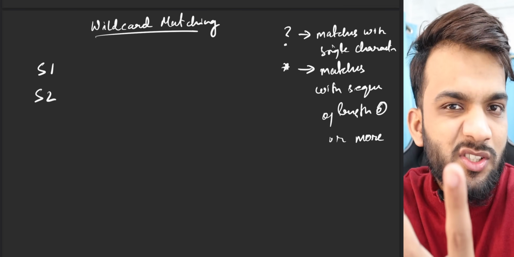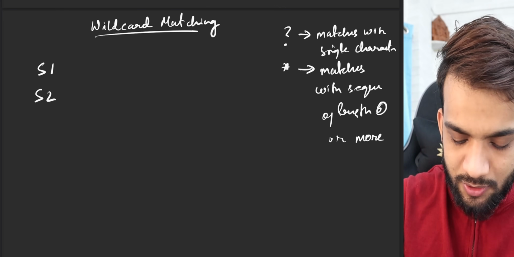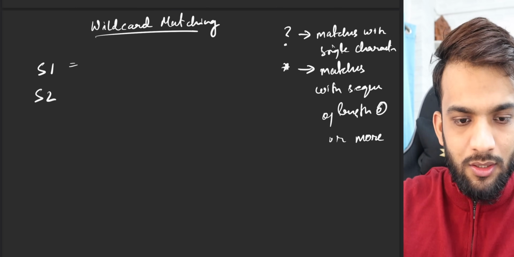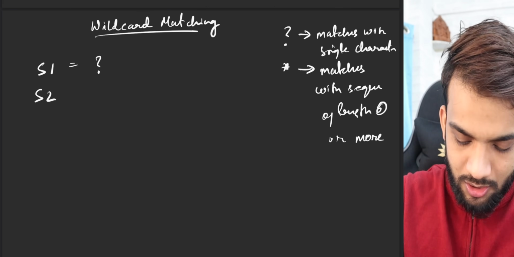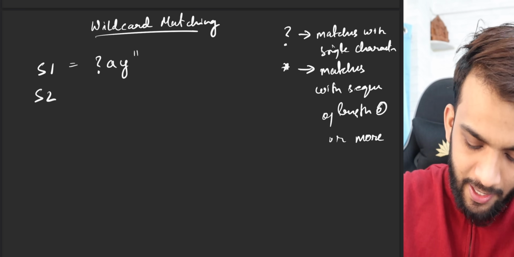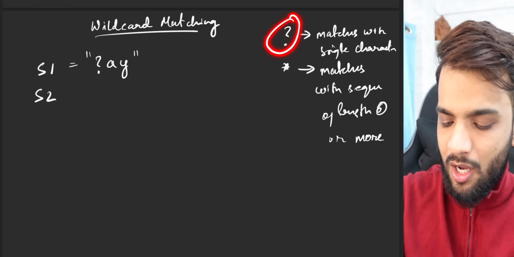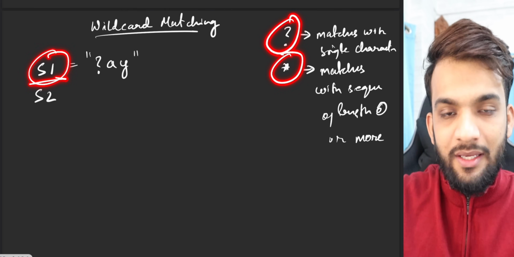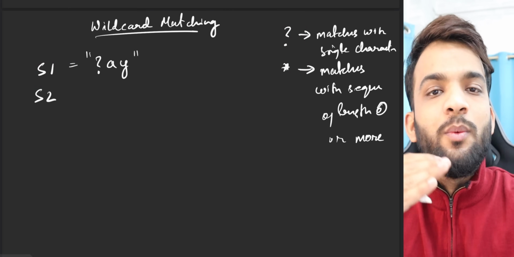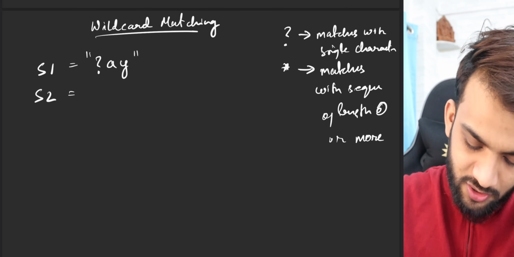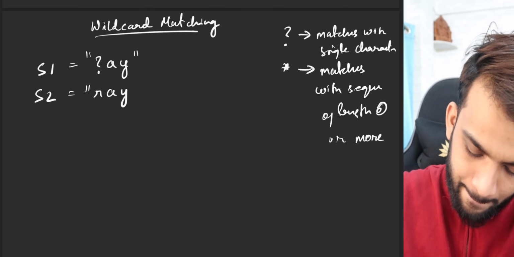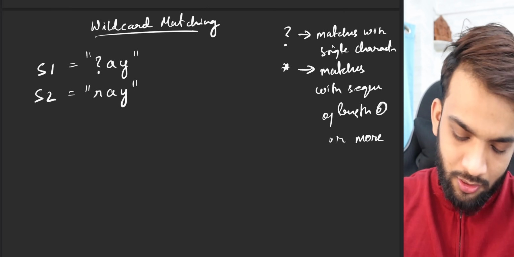Okay, so what does this mean? Let me give you a couple of examples. Assume the string s1 to be question mark ay. And remember one thing, this question mark or the star will only be in the string s1. It will not be in the string s2. So the string s2 is ray. Now let's see if they match.